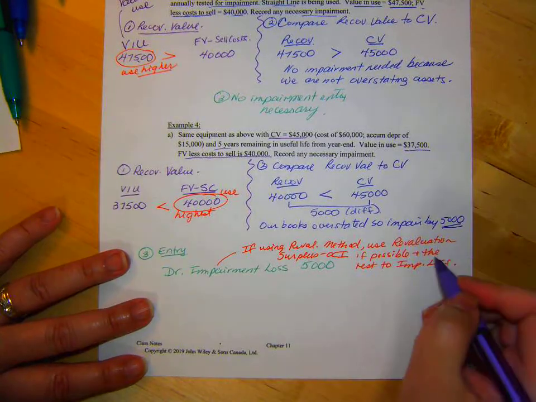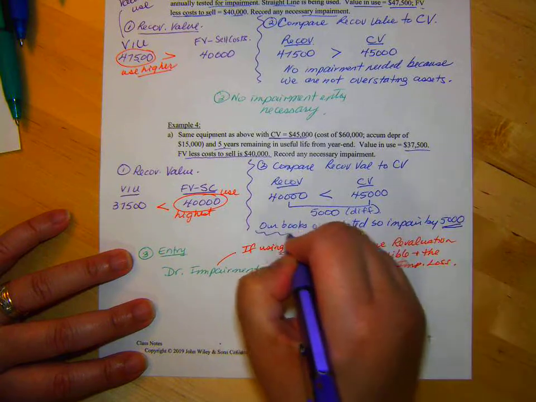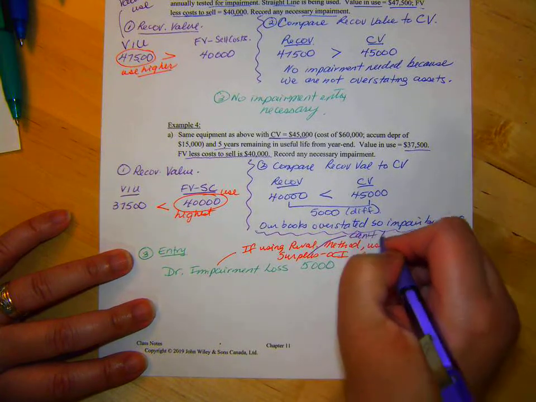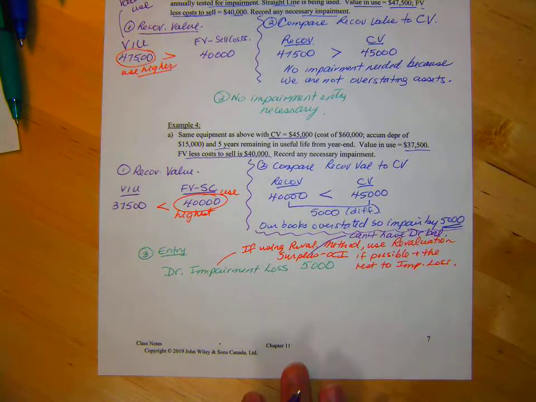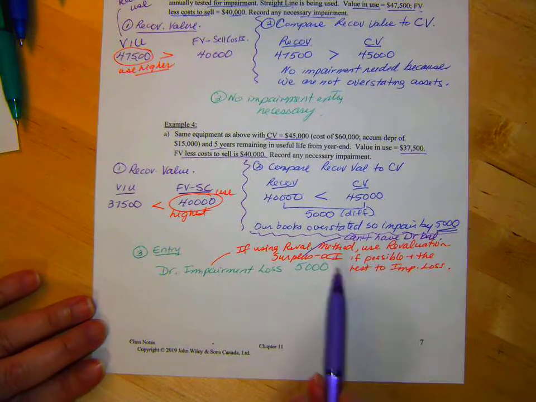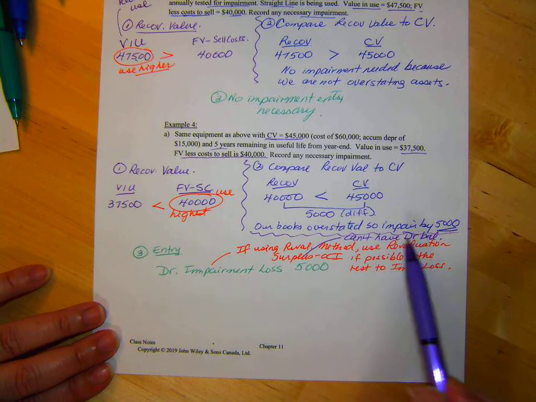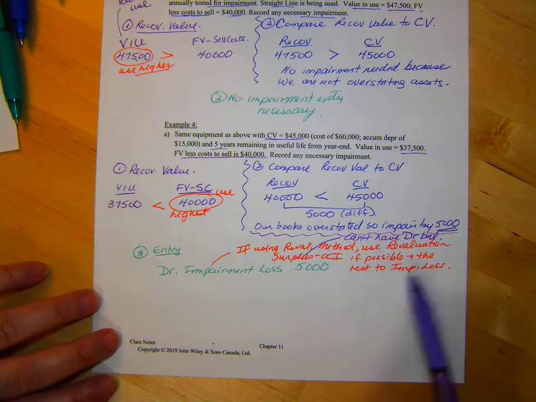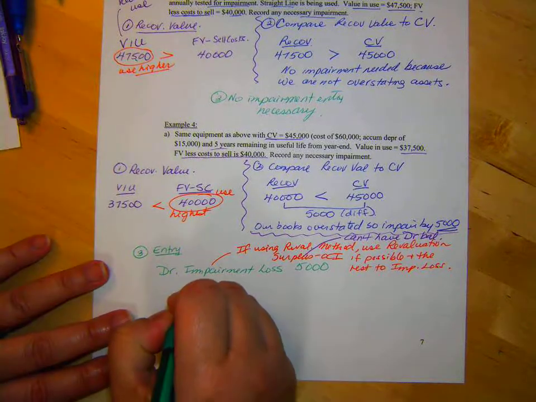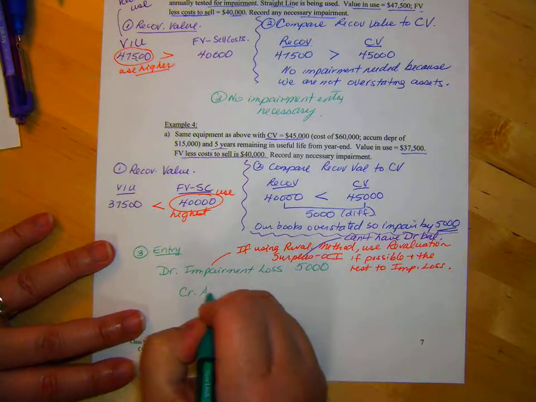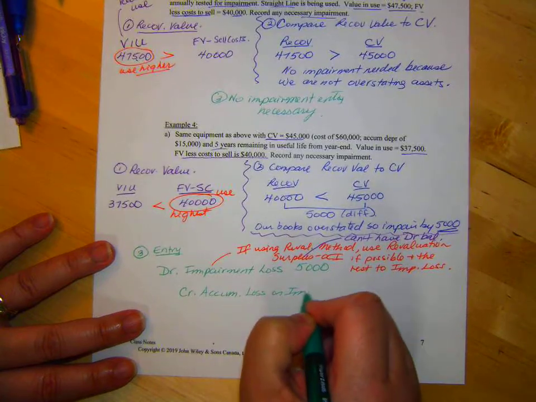And just to remind you, remember this little account can't have a debit balance. Sorry, that's squashed in there. So remember from last chapter, it can't have a debit balance. So you do it until it reaches 0 on the balance and then put loss. Now our credit is going to be accumulated loss on impairment.